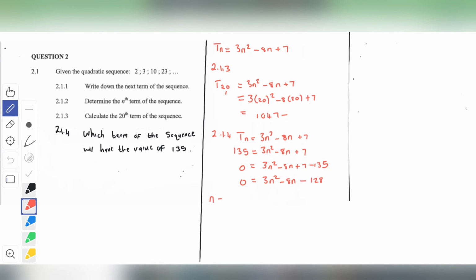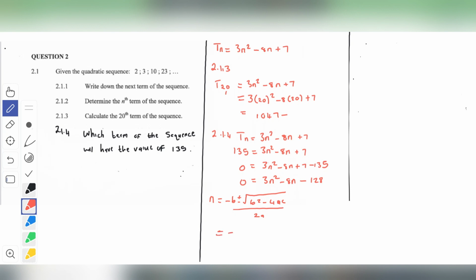So our n is equal to minus b plus or minus the square root of b squared minus 4ac, divided by 2a.